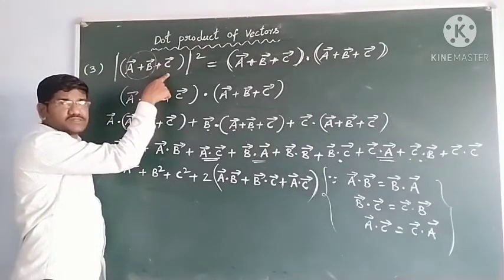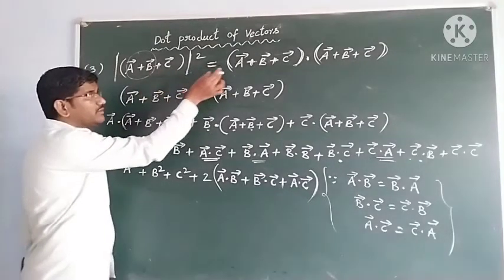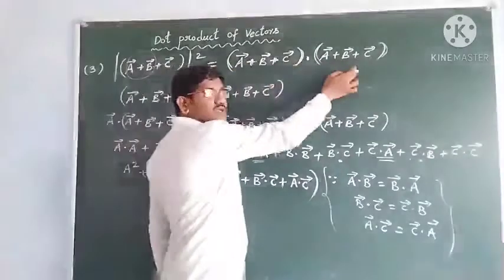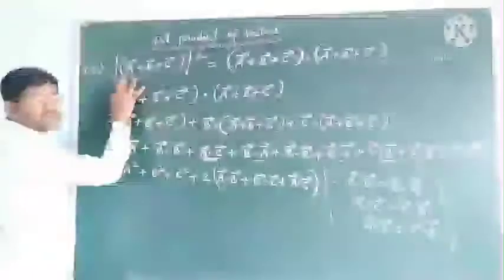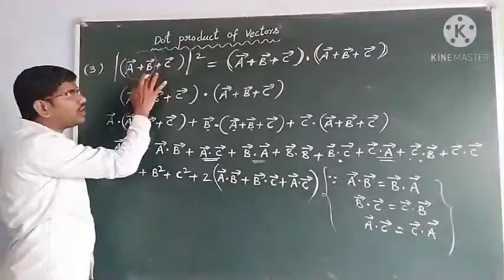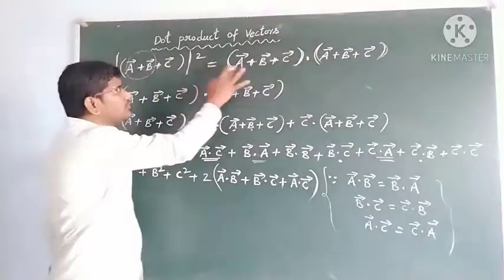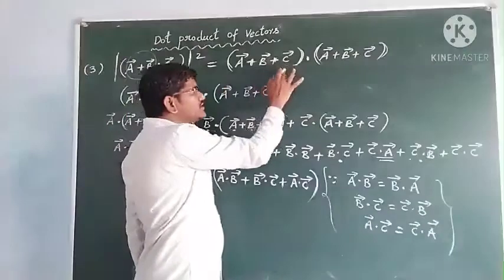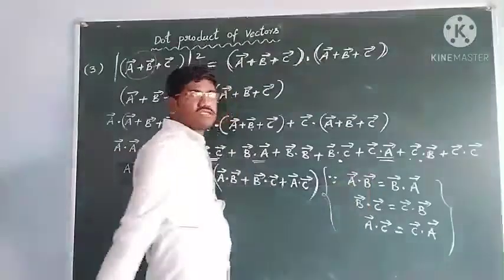So modulus of a plus b whole square can be written as a plus b dot a plus b. Similarly, modulus of a bar plus b bar plus c bar whole square is equal to a bar plus b bar plus c bar dot a bar plus b bar plus c bar.